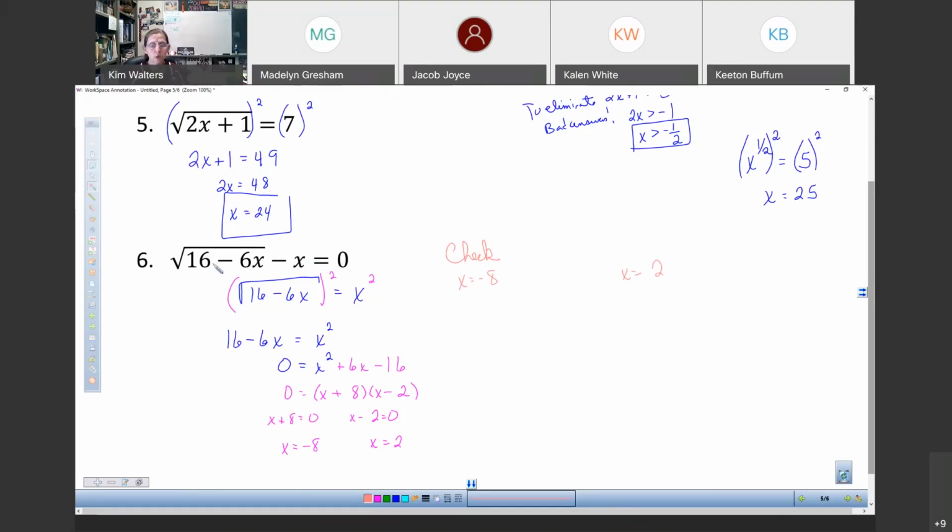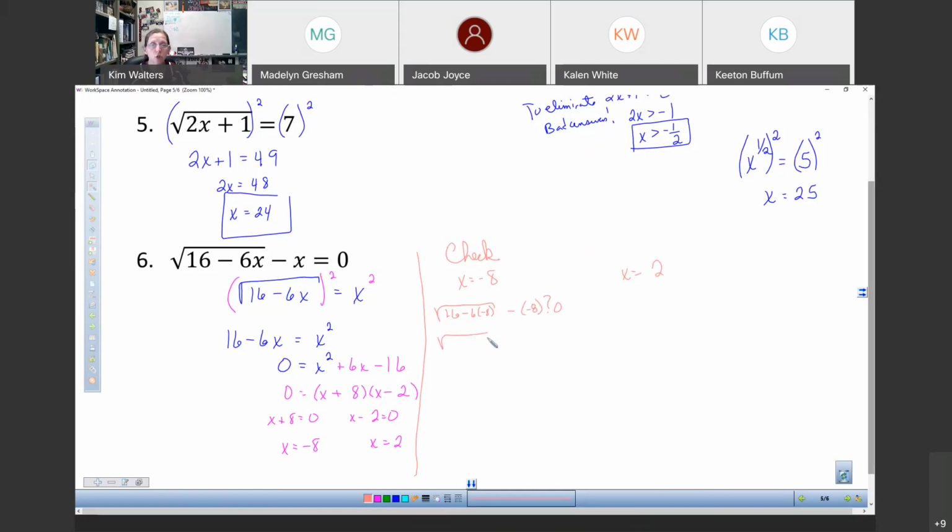And I'm going back to the original equation. When I substitute those values in on the left-hand side, I better get 0 when I finish simplifying this. So here's my check. I have the square root of 16 minus 6 times negative 8 minus, now be careful here, negative 8. And this should equal 0, right? If I've done this correctly, that's what I should get.